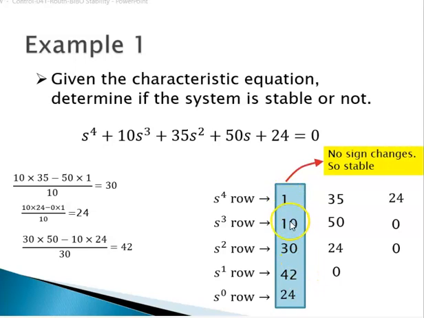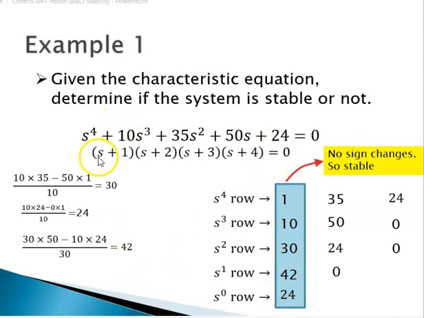This is positive, this is positive, this is positive, this is positive, and this is positive. There is no sign change in this column. So there is no root which has positive real part. So the system is stable.